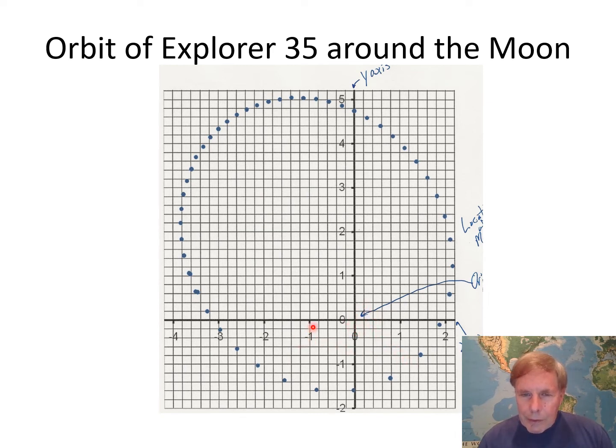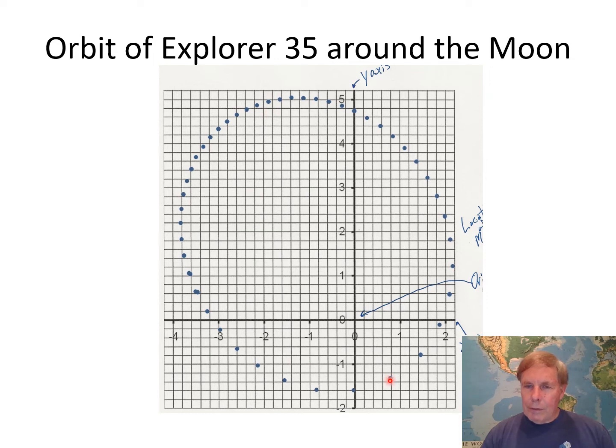By the way, these numbers are in lunar radii units, so that shows you how big the moon is. These dots are actual locations of where the satellite was. Each of the dots is separated by 15 minutes. That's telling you this thing was going at different speeds here and different speeds here. That's part of the equal areas law that you're going to verify.